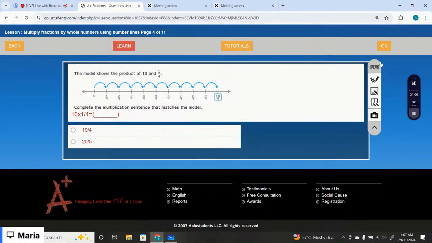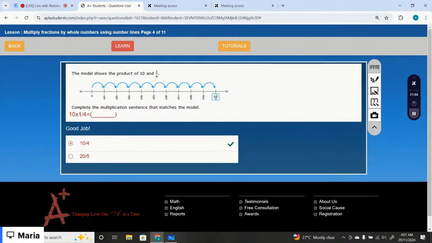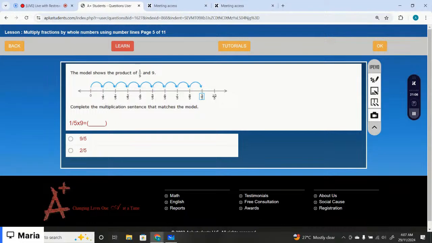Very good, option number 1 is the correct option. The model shows the product of 1 by 5 and 9.